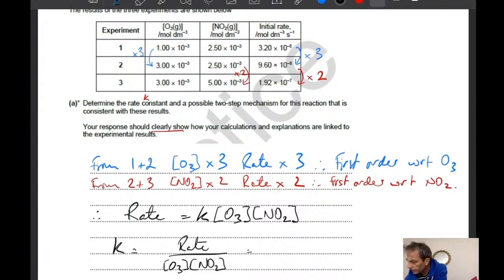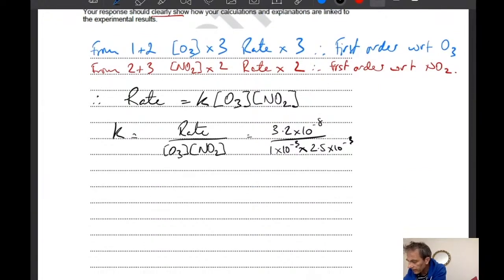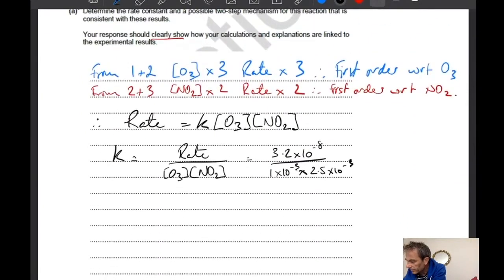My rate for experiment 1 is 3.2 times 10 to the minus 8 divided by 1 times 10 to the minus 3 times 2.5 times 10 to the minus 3. And that comes out at 0.0128, 3 significant figures. Okay, so that's the numerical value for k.